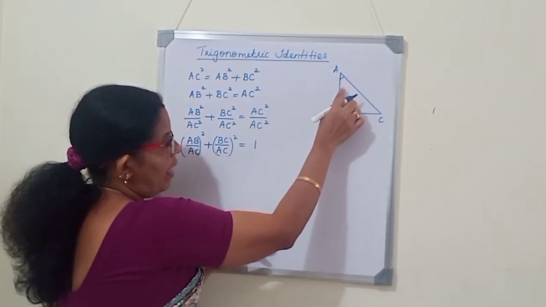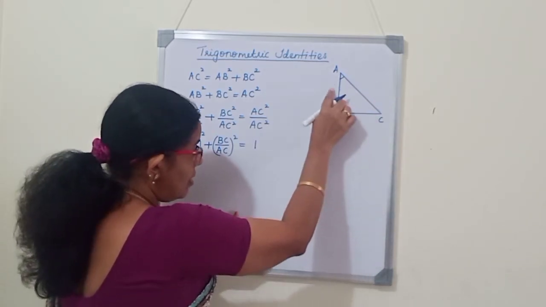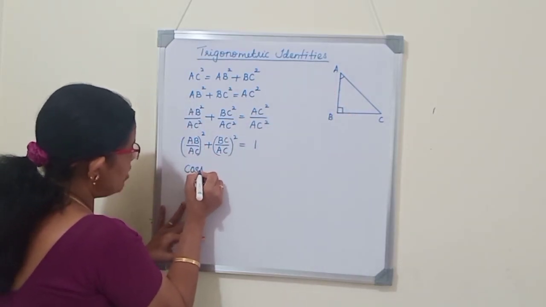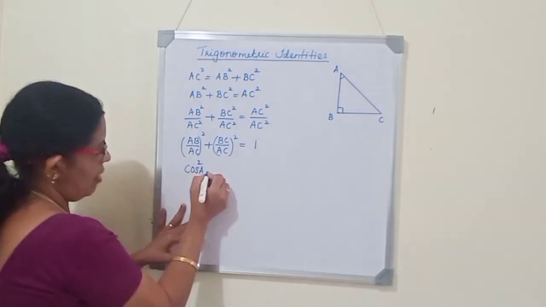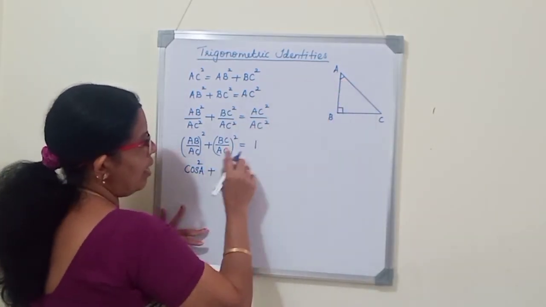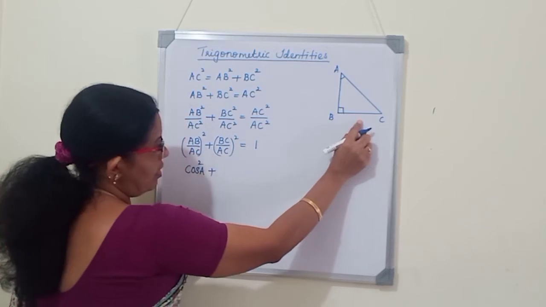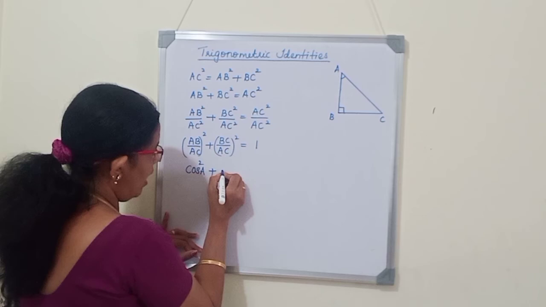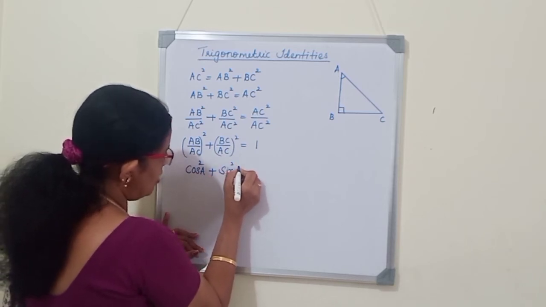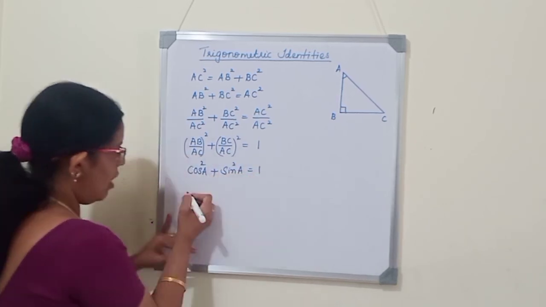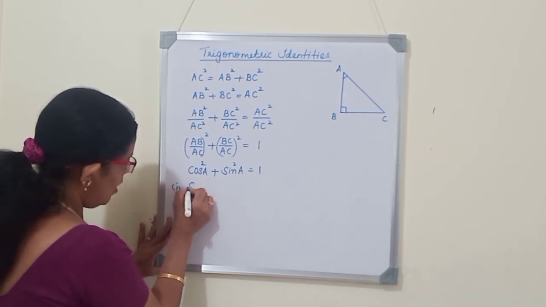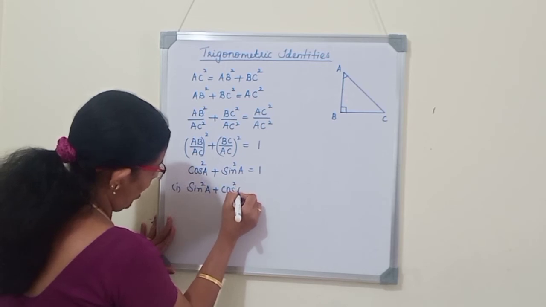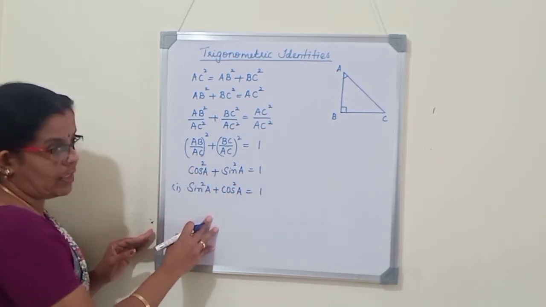So adjacent side by hypotenuse is cos A, and square is there, so cos square A. Plus, with respect to angle A, BC is the opposite side and AC is the hypotenuse, so opposite side by hypotenuse is sin A. Sin A the whole square is sin square A, equals 1. So the first identity is sin square A plus cos square A is equal to 1. So this is our first identity.